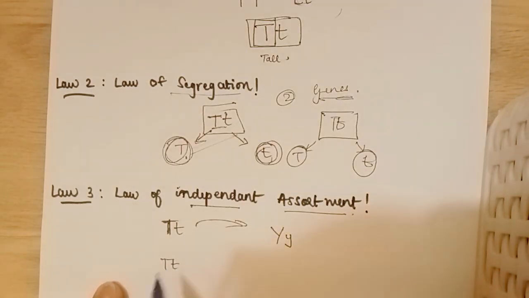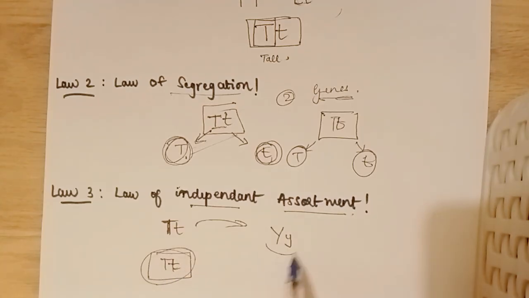If a pea plant has TT, you cannot find out the color of the seed with this trait. You can only find the color with Y. That means traits mix like a random combination. That is, inheritance of height does not affect the inheritance of seed color.